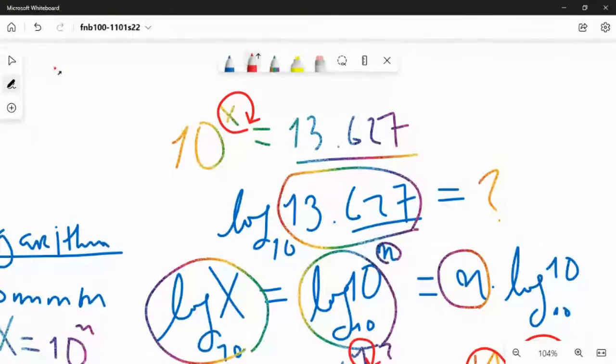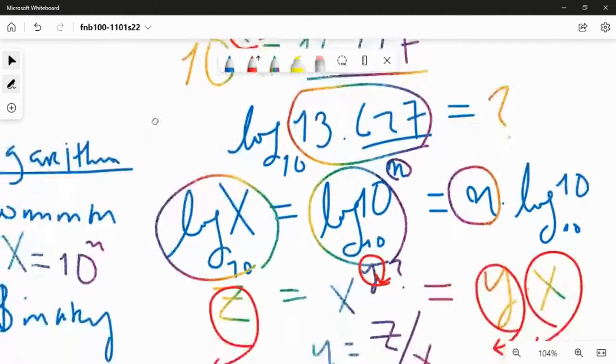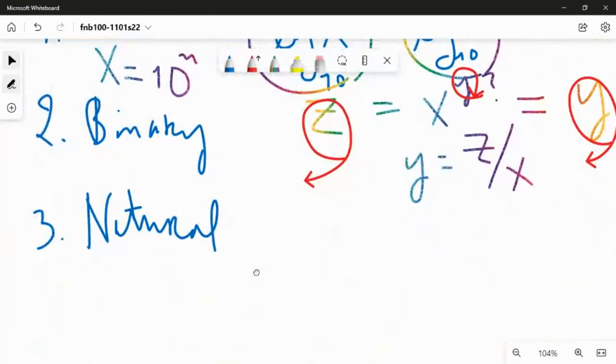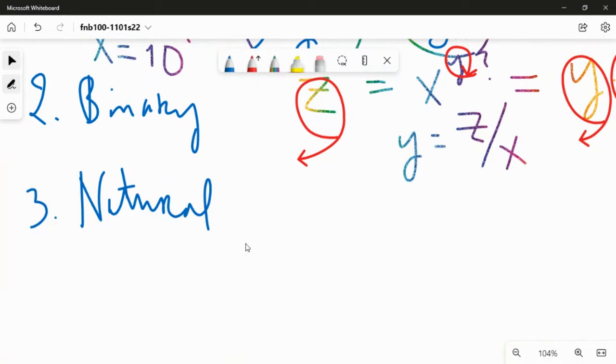Which are called irrational numbers, right? The decimals go almost infinitely, and we are really limited in taking log of such numbers when we use only common log or binary log, and that's why we need natural log, right?